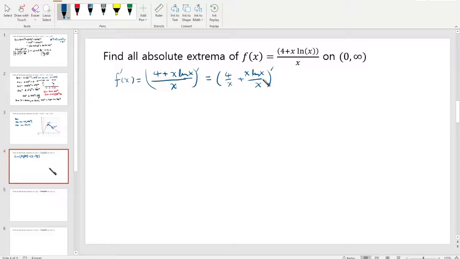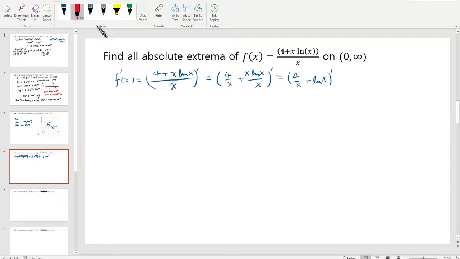Now this is an algebraic equality. I haven't differentiated yet, so make sure that you put the prime to remind yourself you're still not done with the derivative. You still have to differentiate after simplifying. But we're almost there. It's 4 over x plus ln of x.